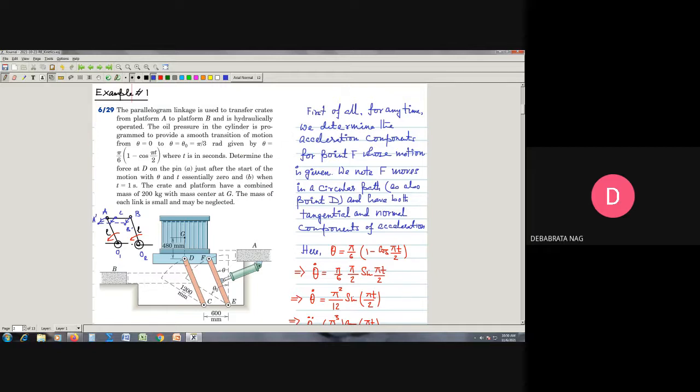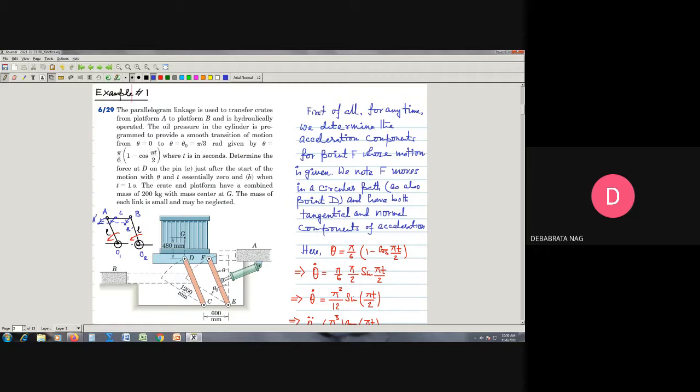So we see that the masses of these links are very, very small, and so far as our modeling is concerned, we can treat them as massless links compared to the weight of the crate and the platform, which is equal to 200 kg. So we need to calculate the force at this pin under these 2 conditions.